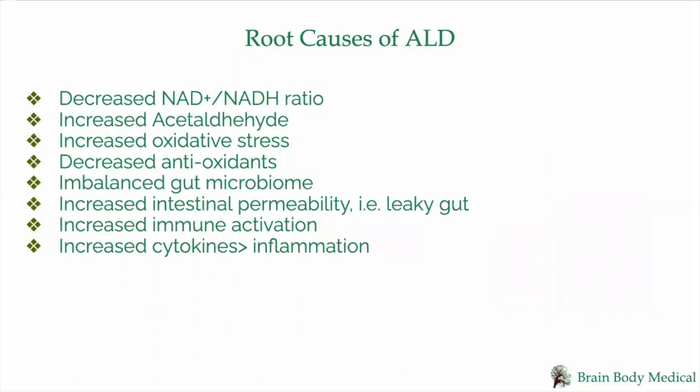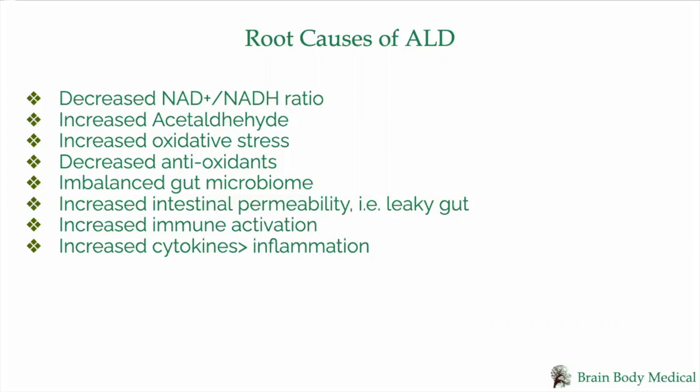So these are some of the root causes of alcohol-associated liver disease that we talked about. We discussed earlier that decreased NAD+, which is a kind of B vitamin, when you have decreased NAD+ in the liver cells, that can lead to derangements in different pathways, leading to eventually a fatty liver.